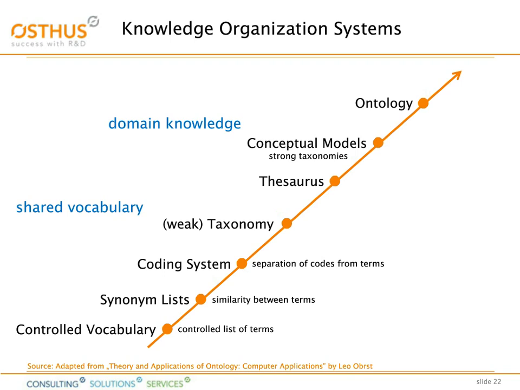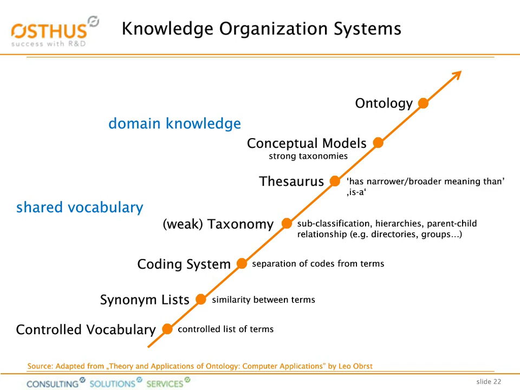So that a clinician in Germany or a clinician in Spain or the US use the same codes to encode the same kind of diseases, so that it doesn't matter whether I call it melanoma or skin cancer or in German Hautkrebs, everybody is referring to the same code. And then you have more expressive knowledge organization systems, so taxonomies with hierarchies, thesauri.